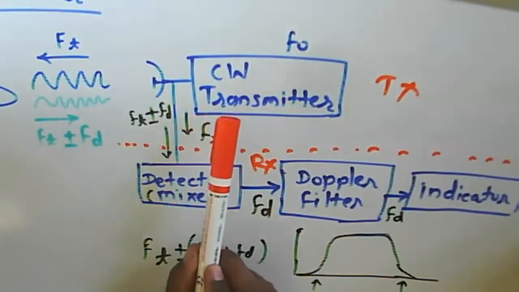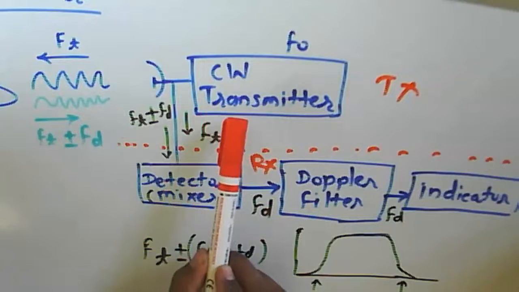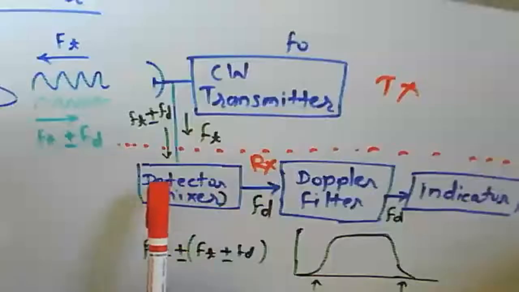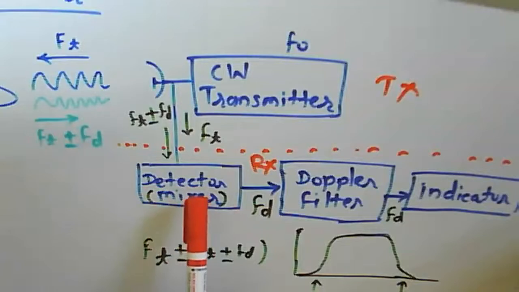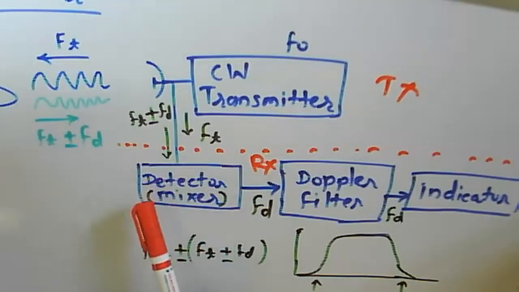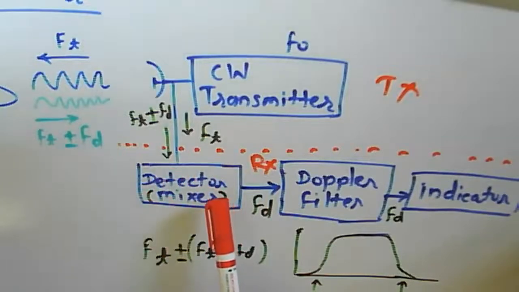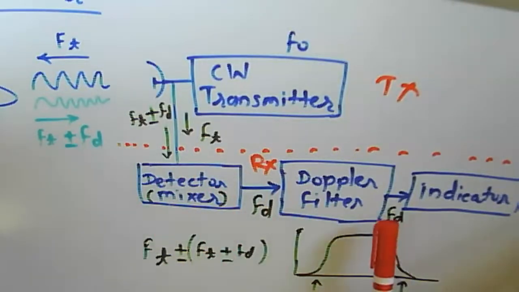Even if some noise from the transmitter reaches the detector or the mixer at the receiver, that noise will disturb the receiver operation and corrupt the received signal.